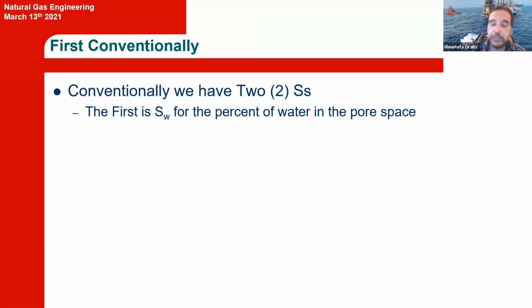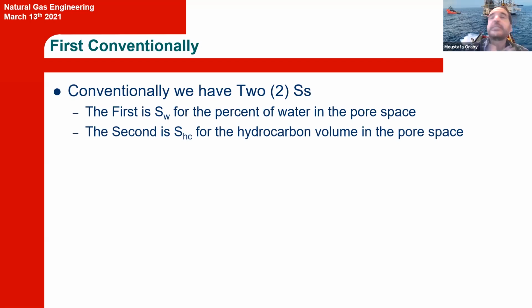Okay, and the second S is my S hydrocarbon, which is simply 1 minus SW. That's what we are raised on in our conventional reservoir. We all calculate with whatever model we use to calculate SW. Then 1 minus SW is the volume of my hydrocarbon that lives in my pore space.